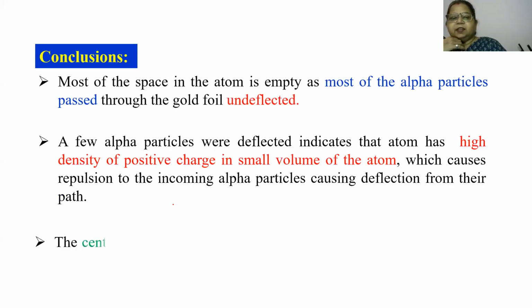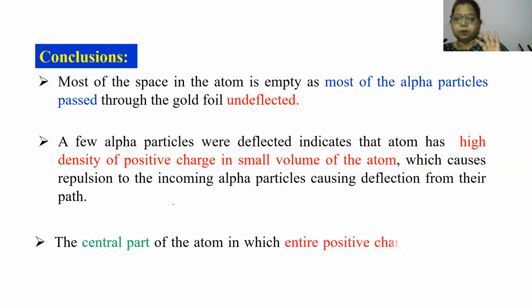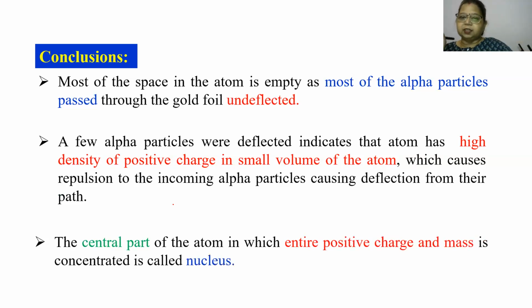From this, they concluded what you already know: that the atom has a nucleus at the center where the protons are found, and outside the nucleus, the electrons are moving in fixed paths, right?